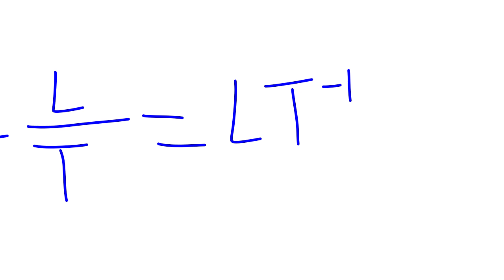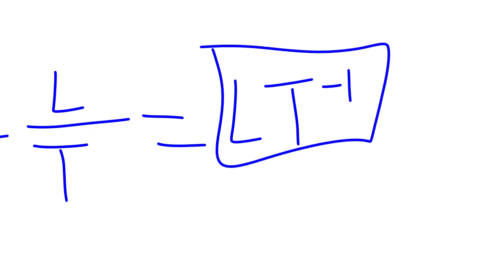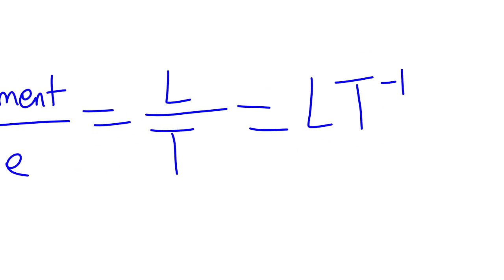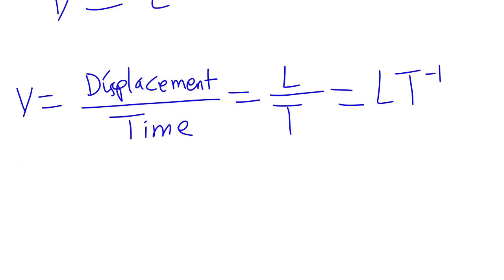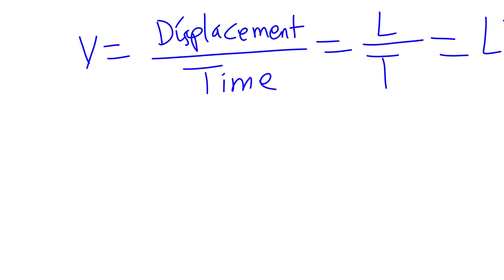We discussed them in detail in our lessons called basis of calculations, so you need to check them out. So this is the final dimension of velocity. Now we have the dimension of velocity.